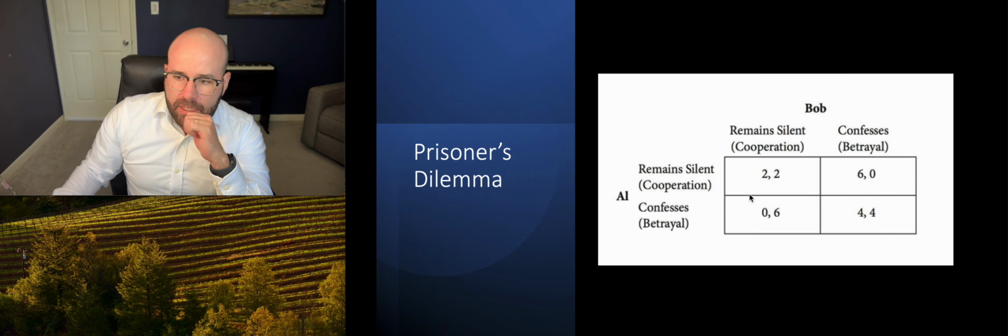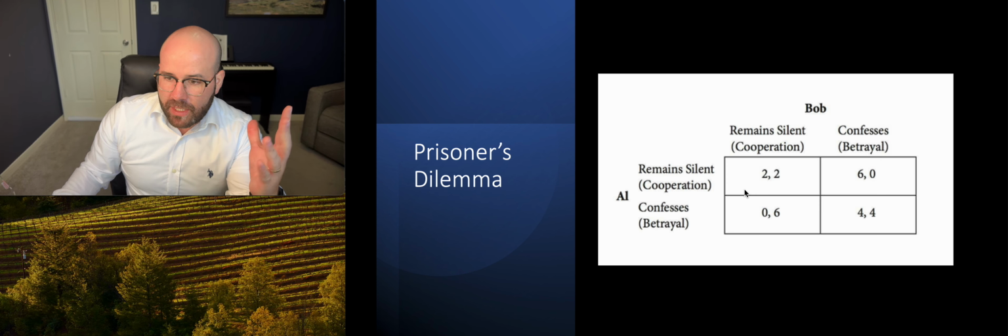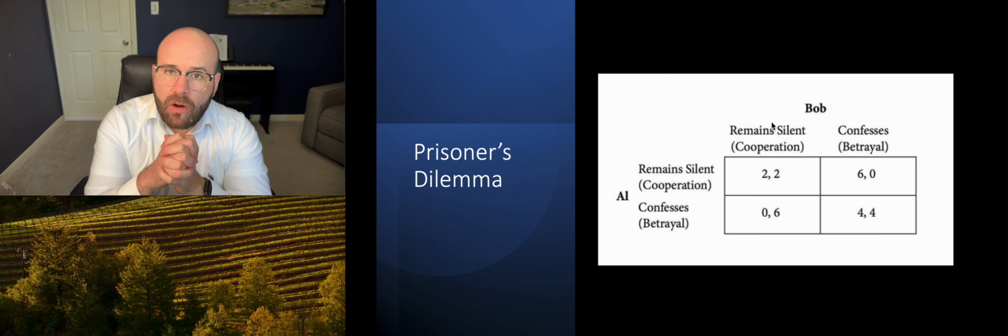Okay, so maybe take a few seconds, if you wish, to scan the chart so you have a good idea what's happening. Just some clarifications. We have two people, Bob and Al, who are criminals who have been caught.